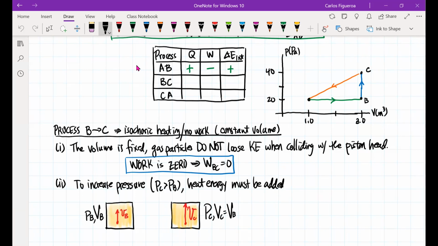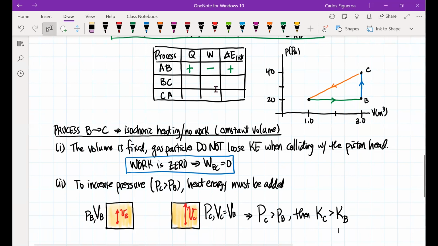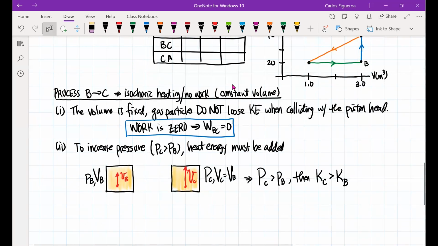So since I have a higher kinetic energy, this tells me that if PC is greater than PB, then K micro at C must be greater than K micro at B. So because the micro kinetic energy increased, that means the heat is positive.